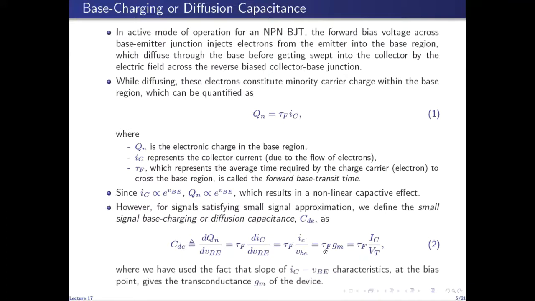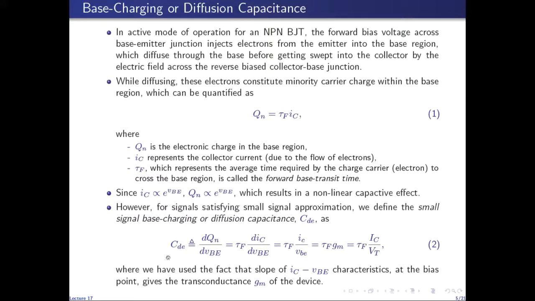So given a bias point on the IC-VBE characteristic, for small signals, we can very well approximate the change in collector current for small change in VBE through the linear slope of the characteristics at that point, which is called the transconductance of the device, which in turn is given by the bias point. So it is given by the DC component of the collector current and the thermal voltage VT.